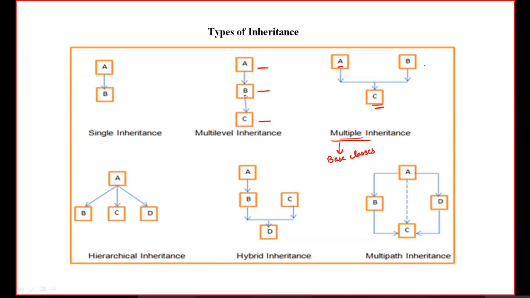Here you can see class A and B collectively derive class C. So if there is more than one base class in an inheritance scenario, then that inheritance is called multiple inheritance, multiple base classes.